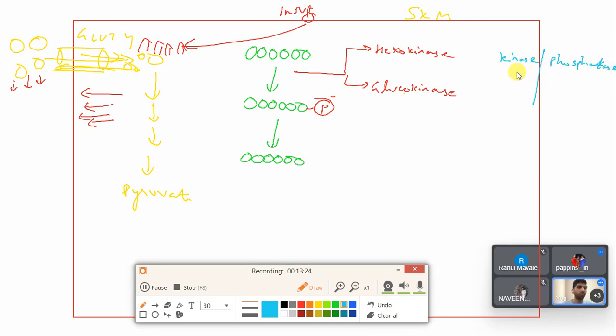So what is kinase and what is phosphatase? Tell me what is kinase first.